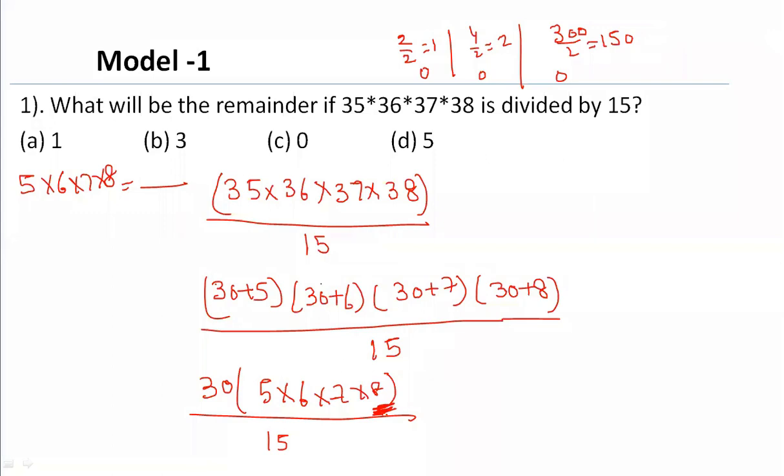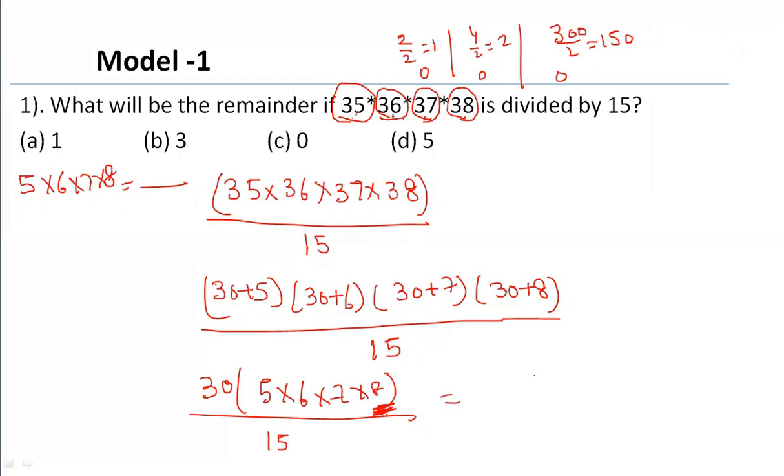I just want to tell you, if you see each number individually, out of 35, 30 is divisible, 5 is extra. Out of 36, 30 is divisible, 6 is extra. Out of 37, 30 is divisible, 7 is extra. And 38, 30 is divisible, 8 is extra. That means I'm just removing 30 from these.